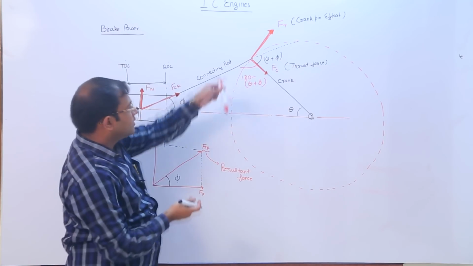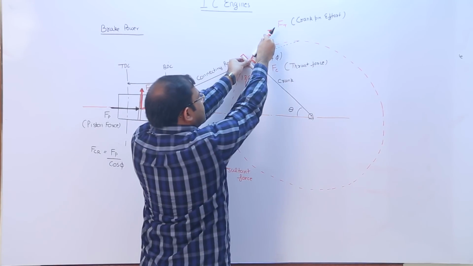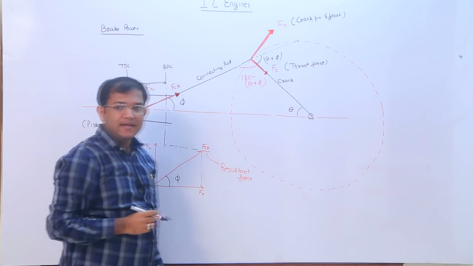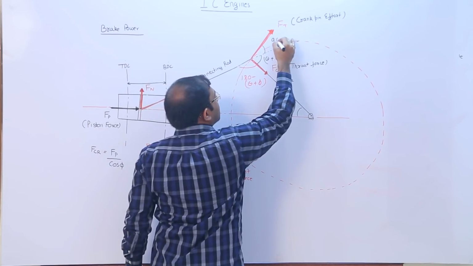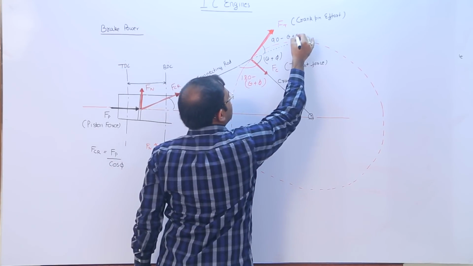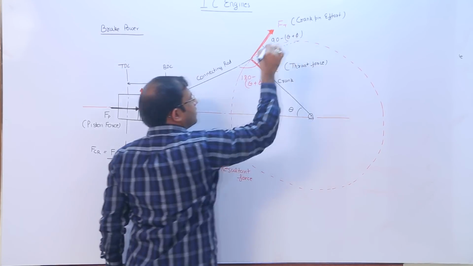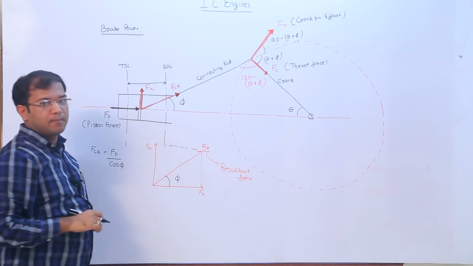And see students, this Fc and this Ft are at 90 degrees, so this angle with us is nothing but 90 minus theta plus phi.